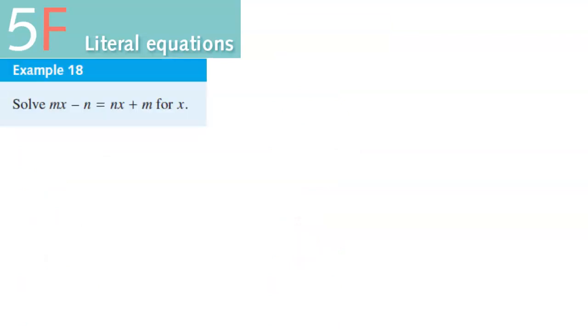Okay then, in this example you can see we're solving for x still, but I've got an x on both sides of my equation. What I need to do is first collect all of the x's on one side. So I'm going to start by subtracting nx from both sides. Then I only want x terms on this side, so I'm going to add n.